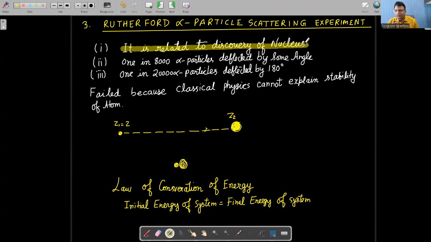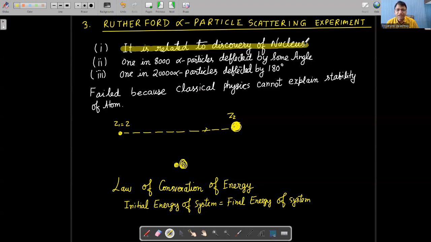Most of the alpha particles will pass through that thin metallic foil, means most of the part of the atom is empty. So they are going to ask how many alpha particles are going to deflect by some angle, very few of them. So if I am sending 8,000 alpha particles, among 8,000 only one alpha particle will deflect by some angle due to repulsion between the nucleus of the atoms of metal foil.